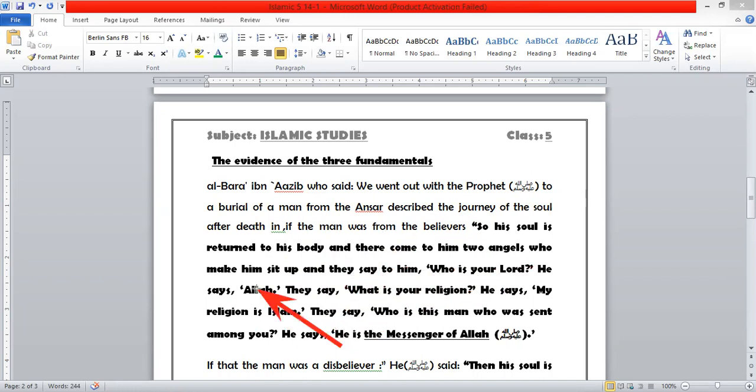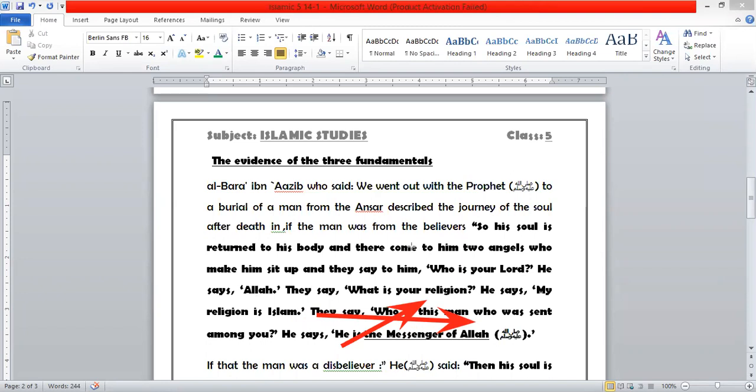He says, "Allah." They say, "What is your religion?" He says, "My religion is Islam." They say, "Who is this man who was sent among you?" He says, "He is the messenger of Allah, peace be upon him." That's great, Ayan. Okay, very good.